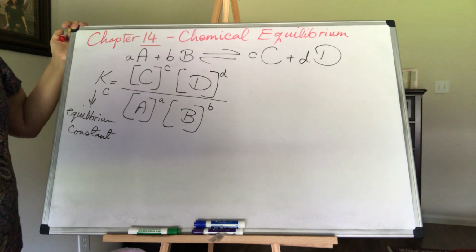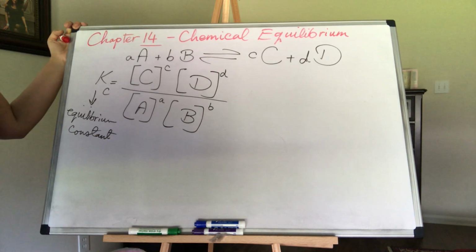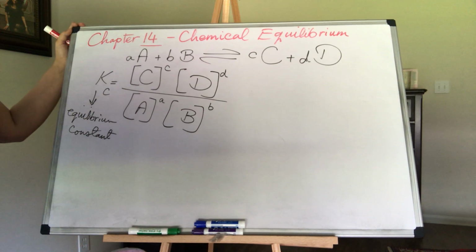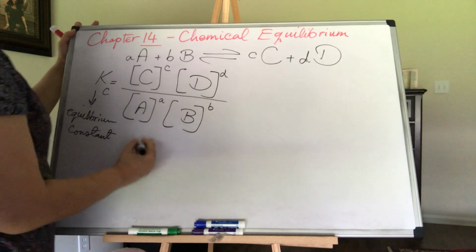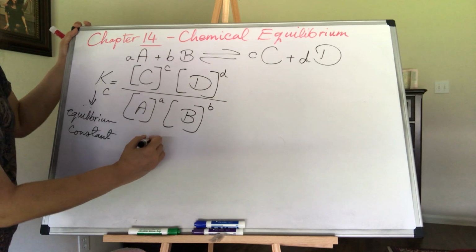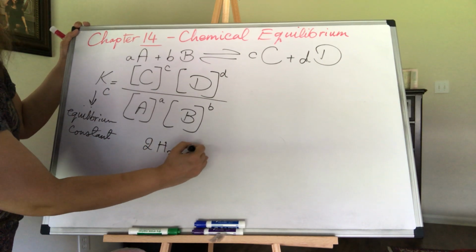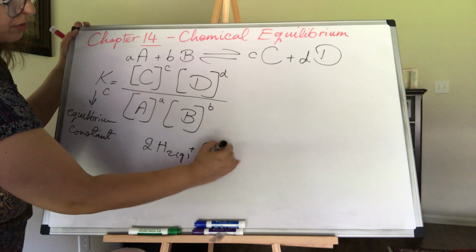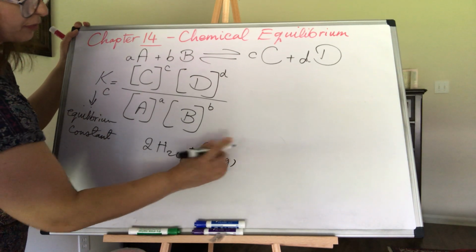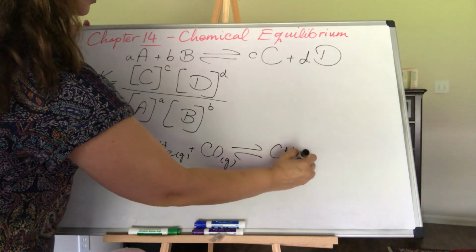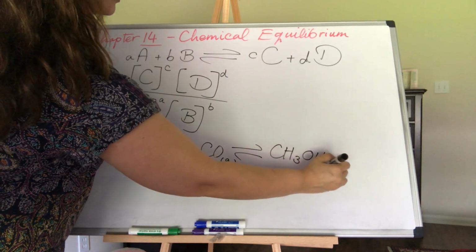Okay? Now, let's work on the example on slide number 24. And write the equation here. 2H2 gas plus CO gas gives CH3OH gas.